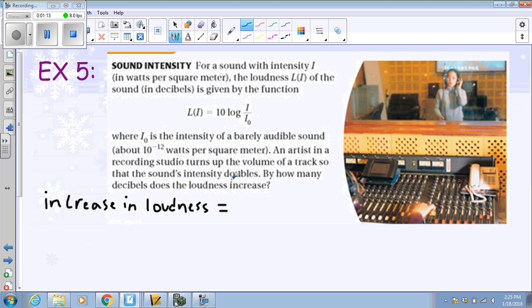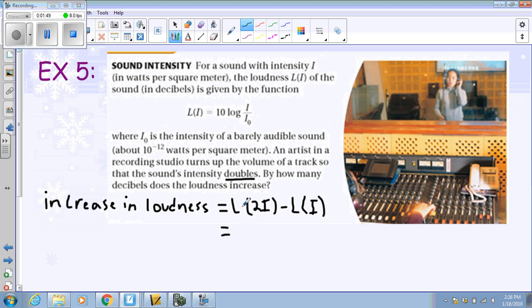So remember in this case that we have L of I. So that's kind of like our Y. Now, if this person is doubling the intensity, so I represents intensity, so this person doubles, and we're going to subtract our original intensity. So that's just going to be L of I here. So we're going to take our double the intensity minus the original intensity here.